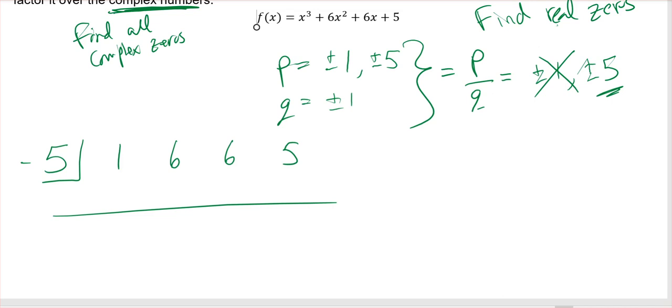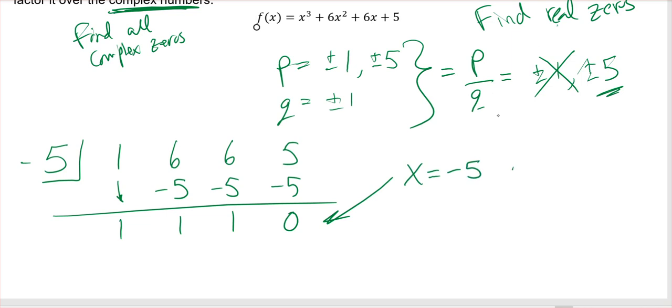So we can try the only one that remains, so hopefully this works, negative 5. Bring down your 1, multiply, add, multiply, add, multiply, add, and we got a 0 remainder. So this tells us that x equals negative 5 is a zero, which tells us that x plus 5 is a factor.